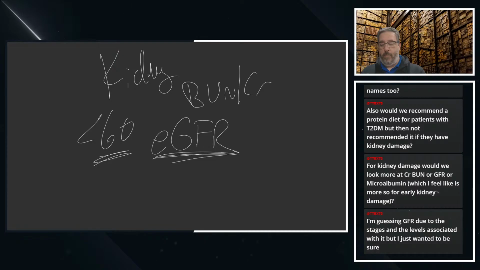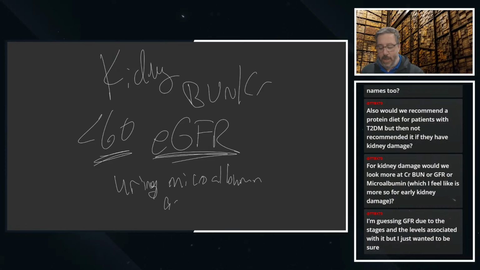Looking at the urinary microalbumin is assessing the damage. You could have a GFR of 55 in one person and no protein, and another person with a GFR of like 40, 45 may have very minimal protein, and then another person have a lot more protein in the urine with a similar GFR.